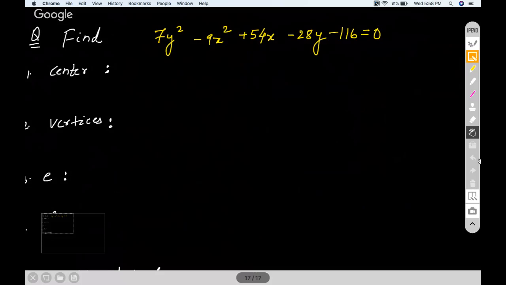Snigdha, type yes if you're there. Lalita, type yes if you're there.